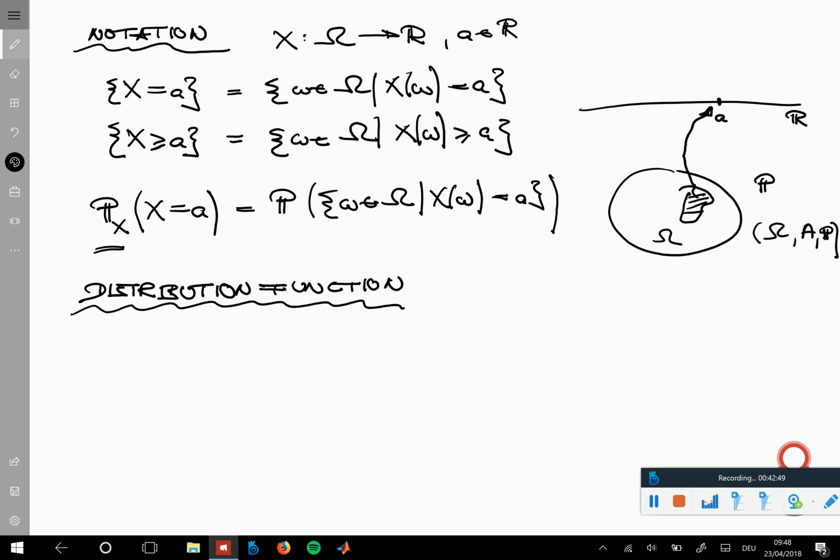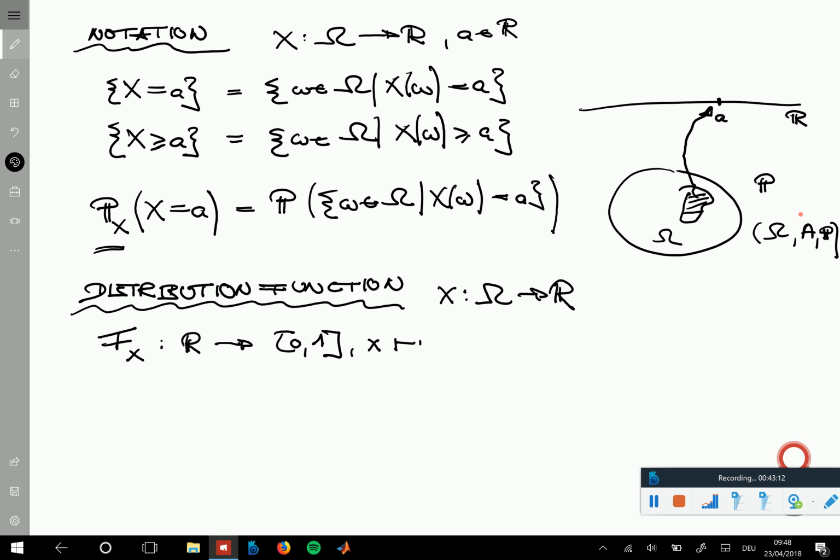A distribution function of a random variable in this whole setup that we discussed, of a real valued random variable X, a mapping from Omega to R, is defined as a mapping from the real numbers to [0, 1].